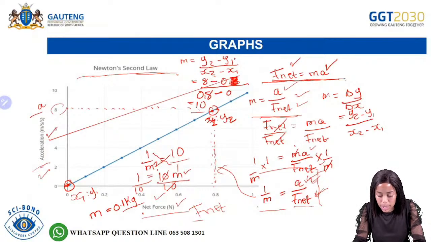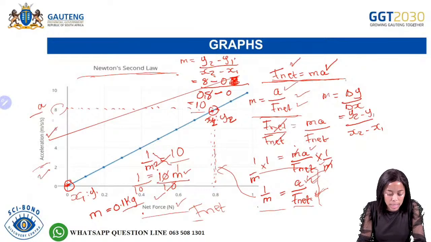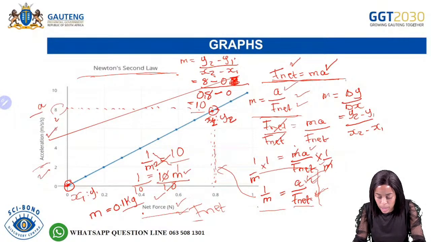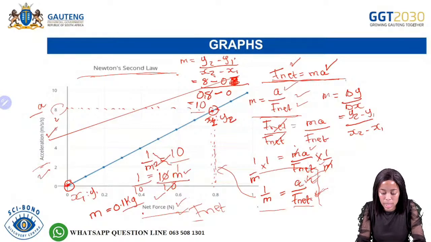Remember we said acceleration over the F net is coming from the acceleration, which is your y-axis, divided by the net force, or F net, which is your x-axis. And then the very same acceleration, what did I do with it? I calculated the gradient by saying y2 minus y1, and I got the values from the y-axis.